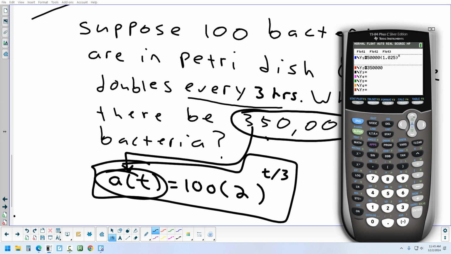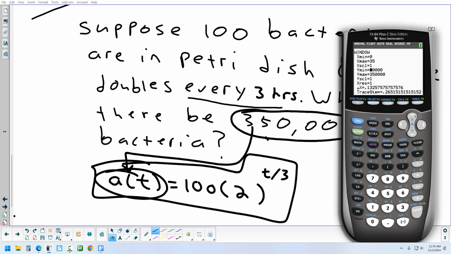Put that in Y2. Put your equation in Y1, but clear the old one first. 100 times 2. I don't know if you need parentheses around the exponent. I don't think you do. Okay, now we're looking for where we hit how much bacteria? 350,000.